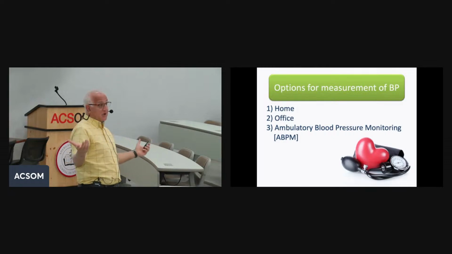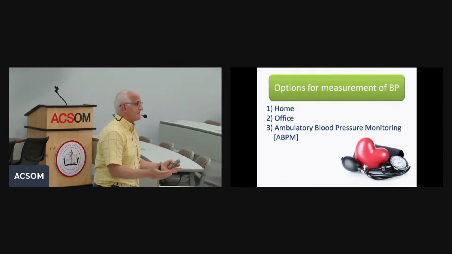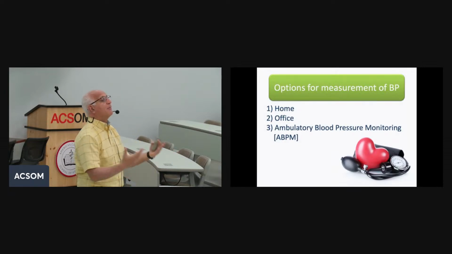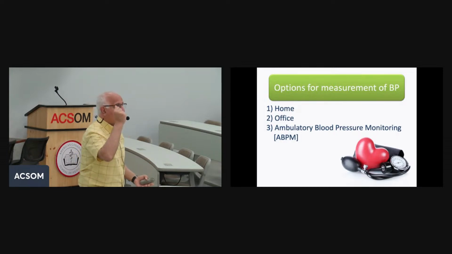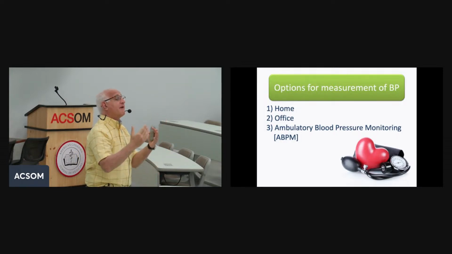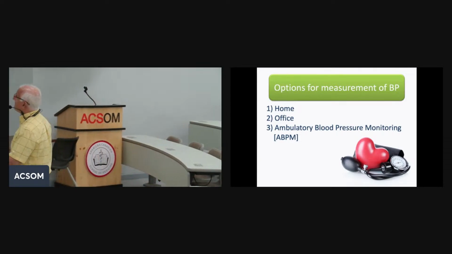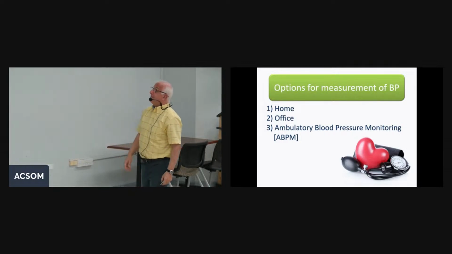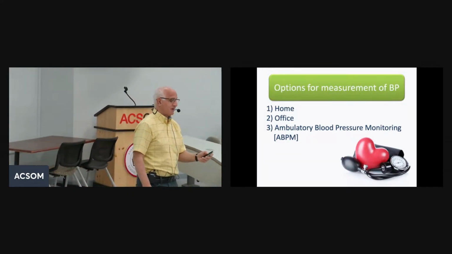Office blood pressure: they don't have a cuff or they don't check at home, they show up in our offices. And any office in the US, when you go, they're supposed to check your blood pressure. You go to the dental office, they check your blood pressure. You go to primary care, ophthalmology, everybody has to check your vital signs. That's a rule. The third one is ABPM, ambulatory blood pressure monitoring. We are going to talk about it in a second.